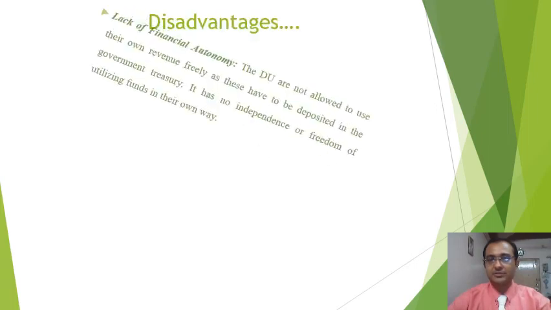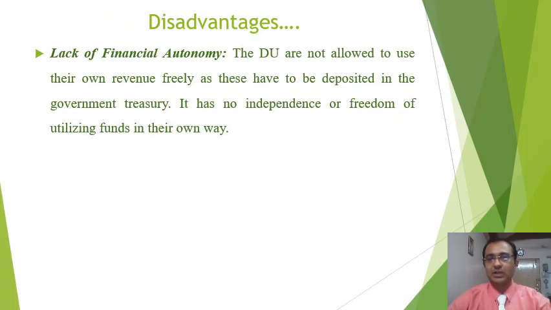Disadvantages continue. Lack of financial autonomy. In the previous topic itself, we have discussed that all the revenue generated by the departmental undertakings they have to deposit in the government treasury. This leads to lack of financial autonomy, as there is no independence or freedom of utilizing the funds in their own way.